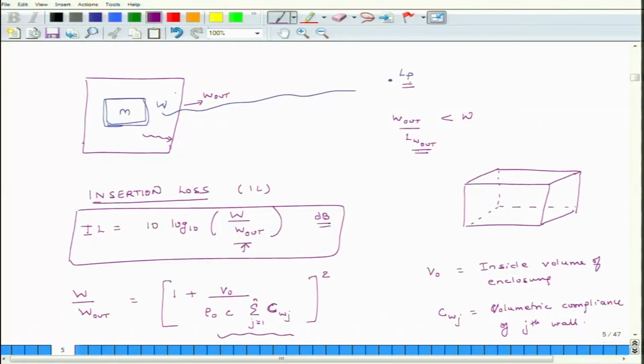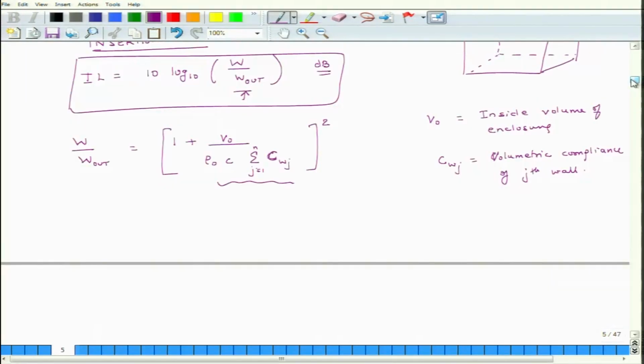Because of that the enclosure will expand and contract by very large amplitudes, and when it does, what will happen? Sound will get generated outside and that sound will spread. So, if the compliance, and this is volumetric compliance, is very large or infinite, then it is as good as having no enclosure.